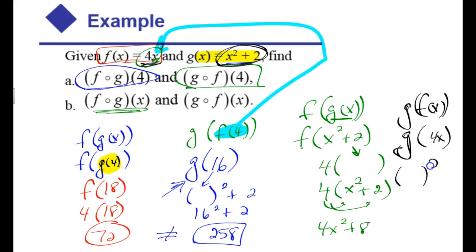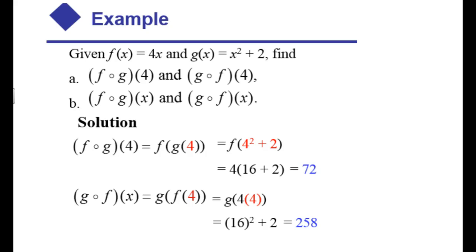So instead of x squared plus 2, we'll write parentheses squared plus 2, and then in the parentheses goes that 4x, or whatever value that you have to plug in for that. So in this case, it's going to be 16x squared plus 2. And once again, you can see that f at g at x does not equal g at f of x. Sometimes it does, and if it does, then they're called inverse functions, and we'll get to that in a moment.